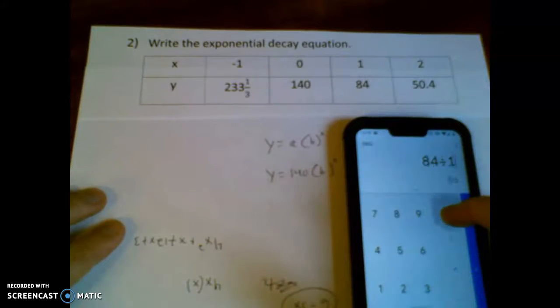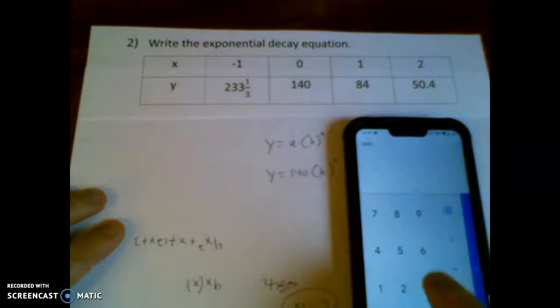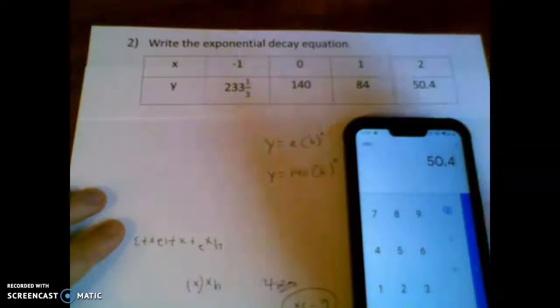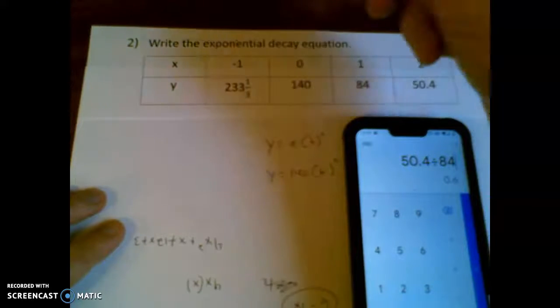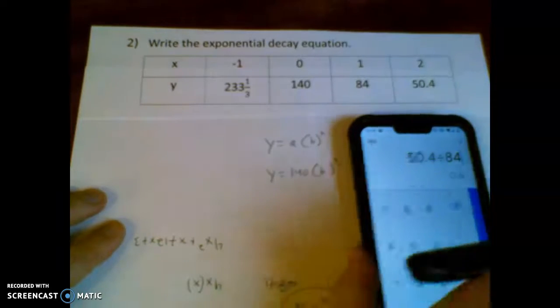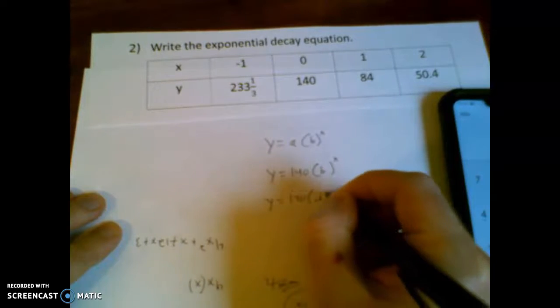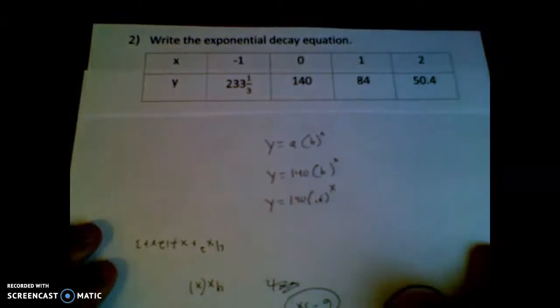Well, let's try another pair of values. Let's try 84 and 50.4. So I go 50.4, where I'm going, divided by where I came from, 84, and I also get 0.6. In fact, I'll get 0.6 all the way across. So that becomes my multiplier. And just like that, I have my exponential decay equation.